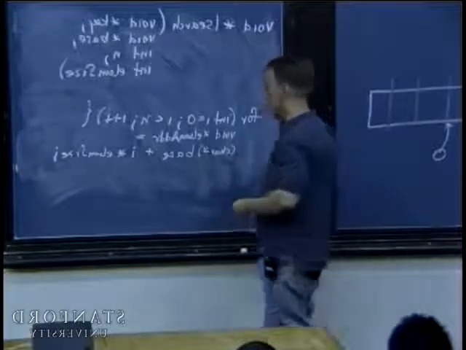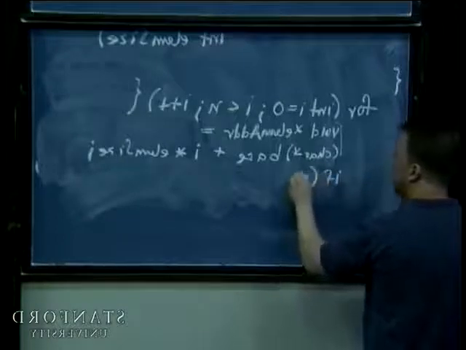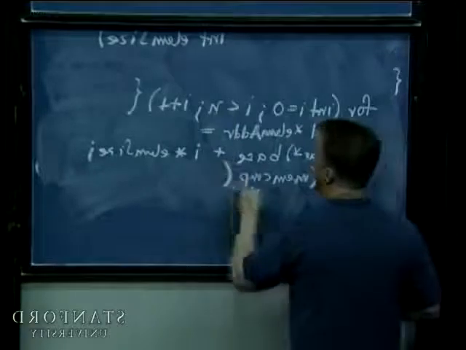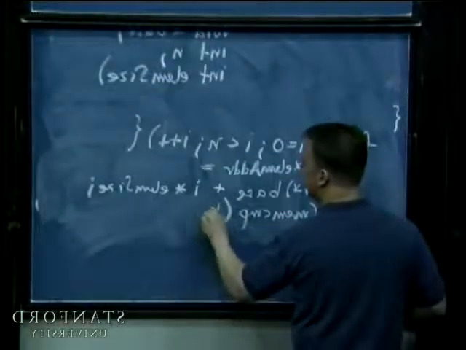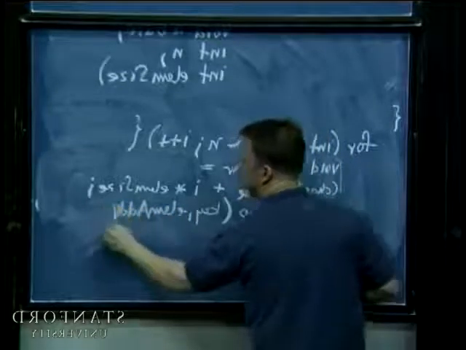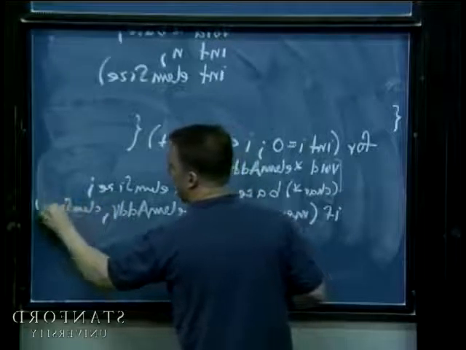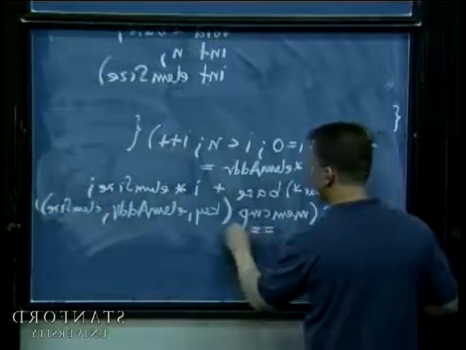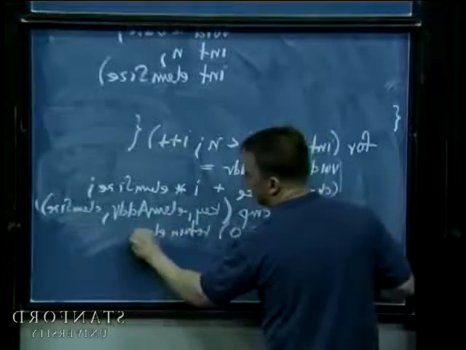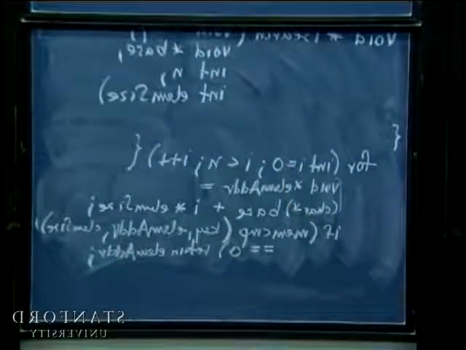You could do this. This is one line. If memcmp of key and elemAddr, elemSize, double equals 0, you could go ahead and return elemAddr. Now, the one thing you've not seen before, I'm assuming, is this memcmp function.